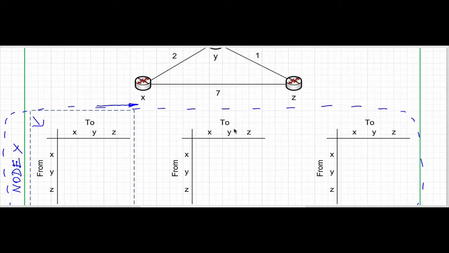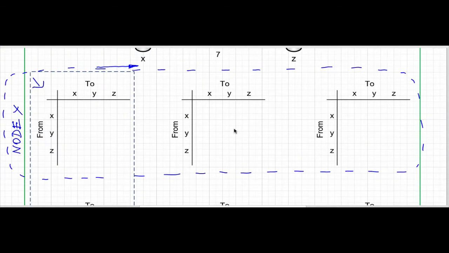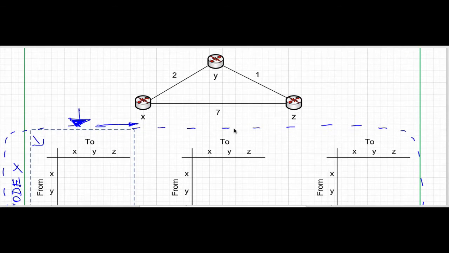The initial routing table is the first one right here. So we start first in time in this column, and the first thing that we're going to write down is what we know about every other node in the network. So if you're node X, what do you know? Looking at our topology, going from X to X has a cost of 0.